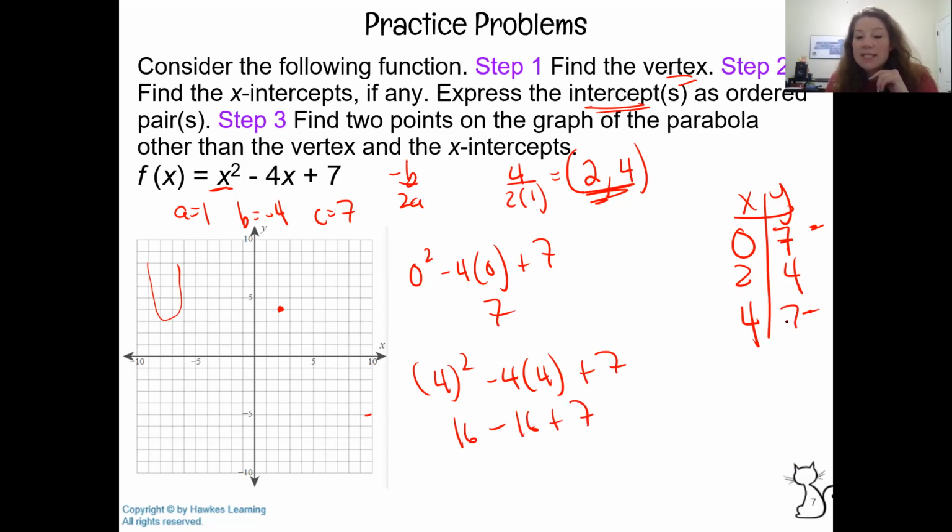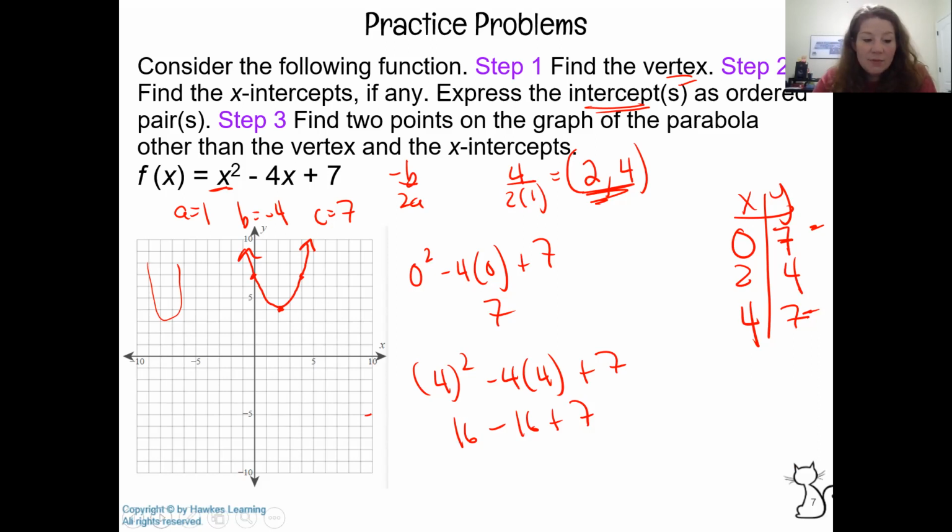And 0 plus 7 is 7. So we have (0, 7) and (4, 7). Those are our other 2 points, and that's what our parabola looks like. And there it is. And we can see that this does not have any x-intercepts. It never crosses the x-axis.